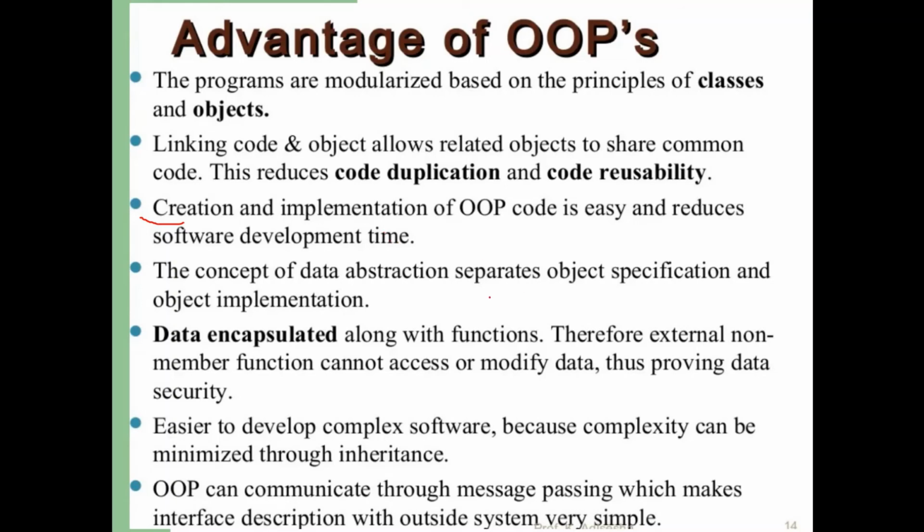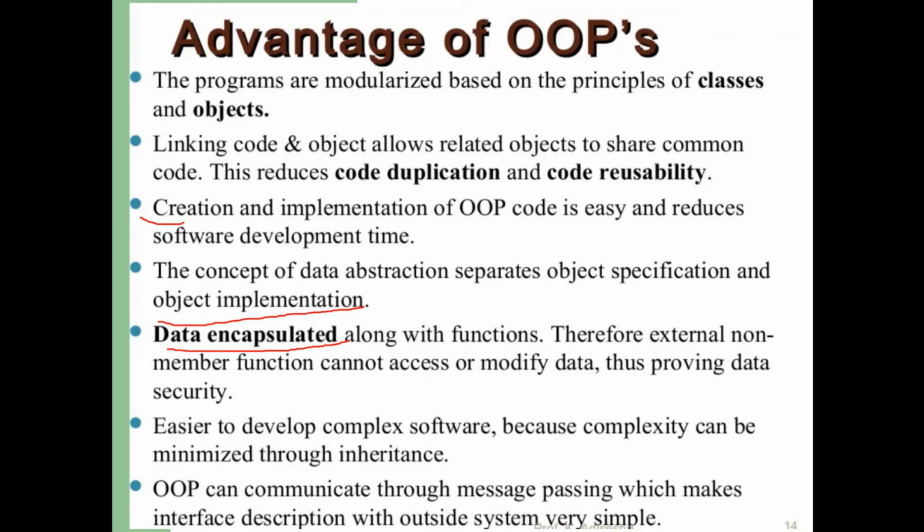The concept of data abstraction separates object specification and object implementation. Data is encapsulated along with the functions, so external non-member functions cannot access or modify data because of the encapsulation property.